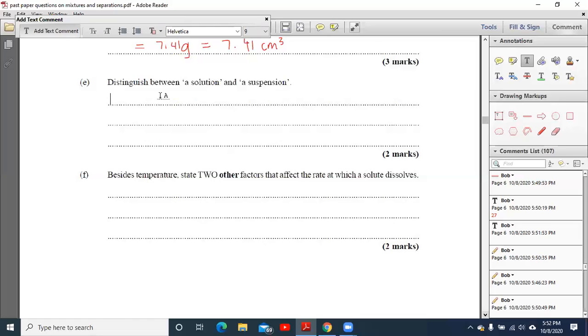A suspension will settle to the bottom after a time. The solute will settle to the bottom after a time. A solution would not. And a solution is a homogeneous mixture, meaning it is uniform, all the parts are the same, whereas a suspension is a heterogeneous mixture. It is not necessarily uniform.